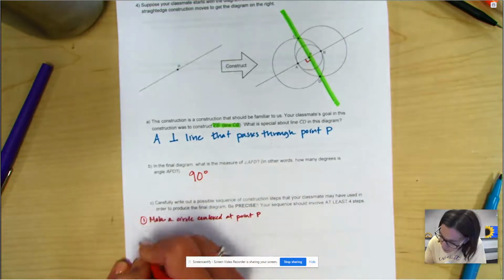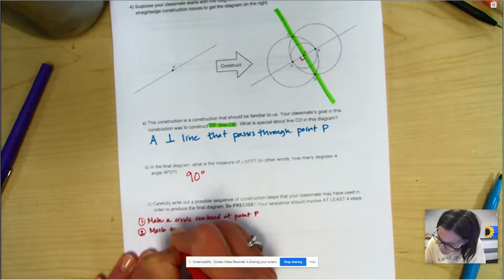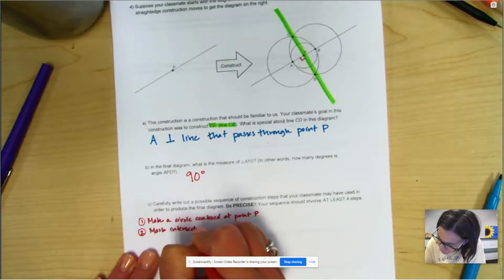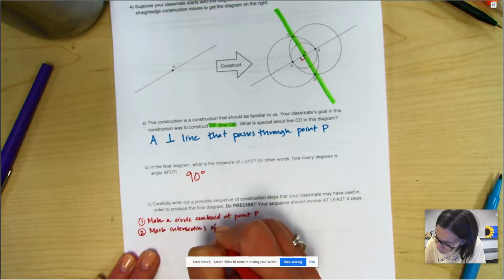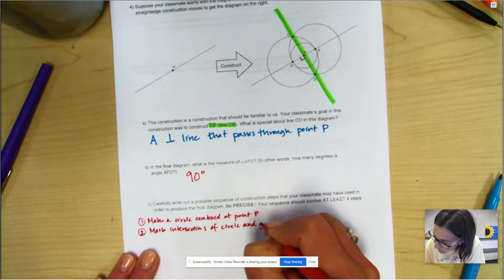Then mark intersections of the circle and the given line, the line that was already there.